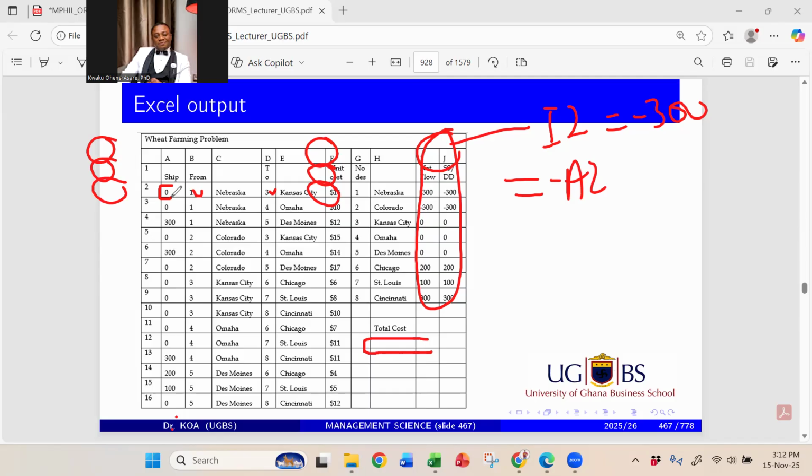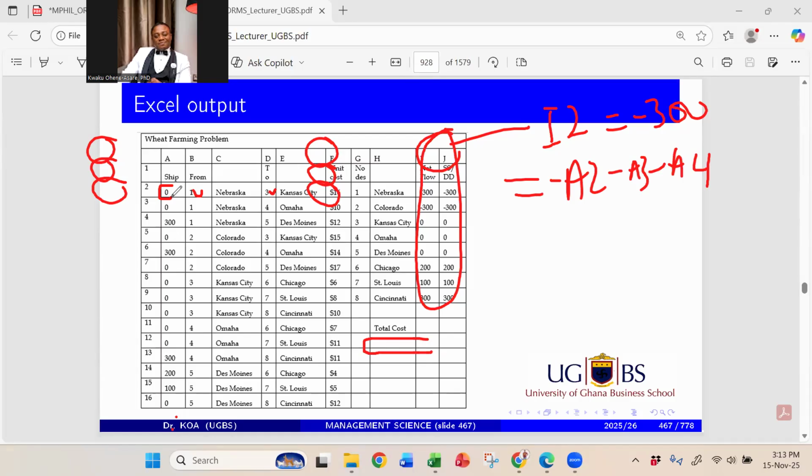So negative A2 minus the next one, A3, minus the last one, which is A4. So the formula that I actually put here is that.